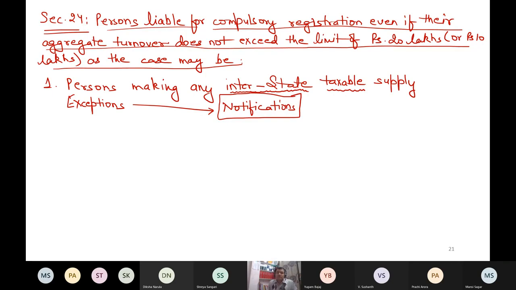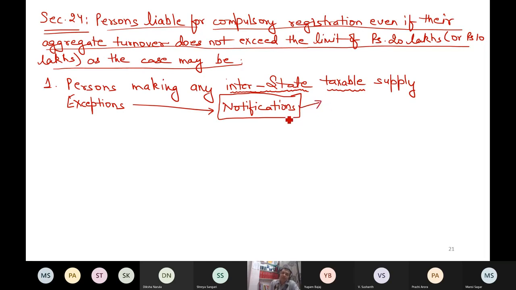Act says that persons who are making interstate taxable supply are supposed to take compulsory registration. But under section 23, subsection 2, there are some notifications which will be used here, because 23 says the cases where registration is not mandatory. So in some interstate taxable supplies, as a person, you are not supposed to take compulsory registration. So those notifications I will discuss with you later on.